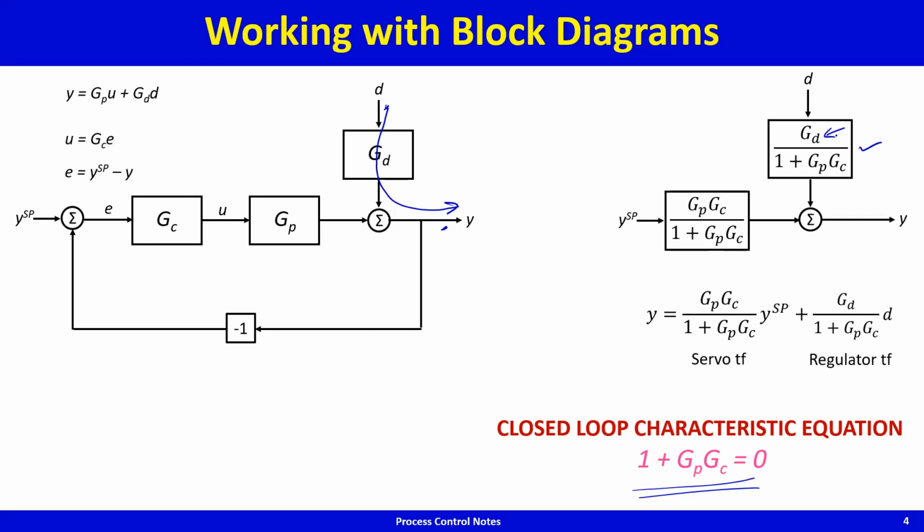And then I go around the entire feedback path. What are the transfer functions that I encounter? I encounter GC times GP times minus 1. 1 minus whatever you encounter in the feedback path.